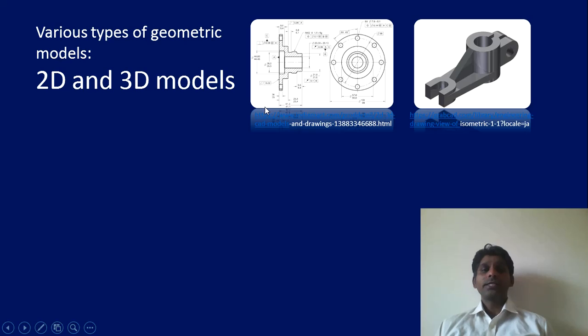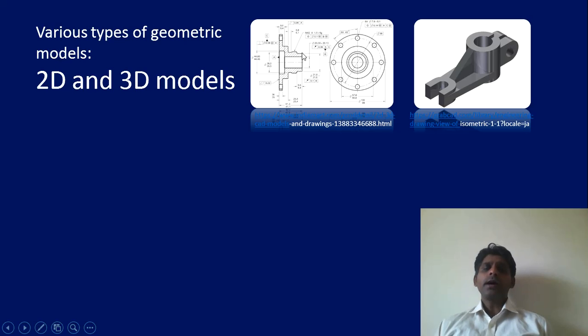Production drawings can be prepared in drafting environments, which are provided by many graphics packages. Here you can see we have a lot of GD&T, that is geometric dimensioning and tolerancing, and important or salient dimensions being given, and the datum, and all those things are given in detail in this 2D drawing.